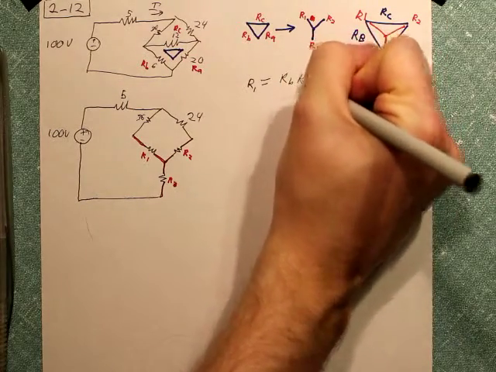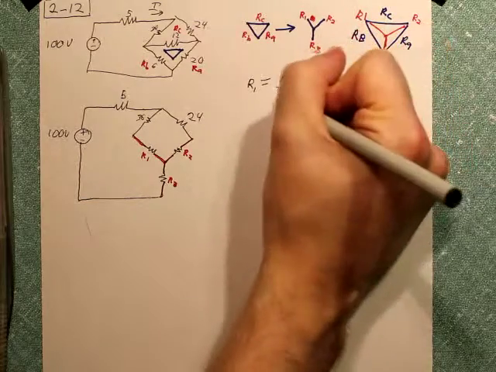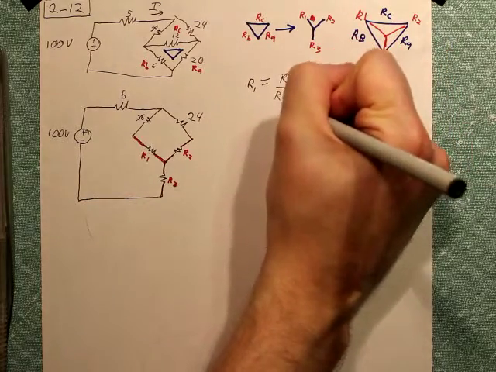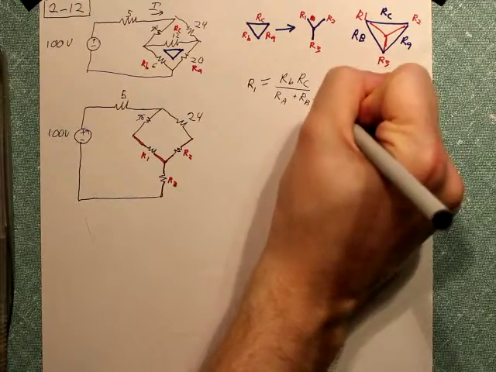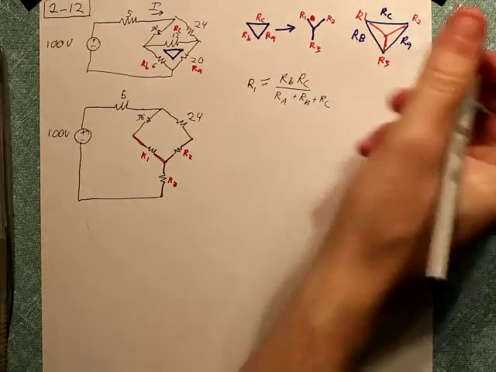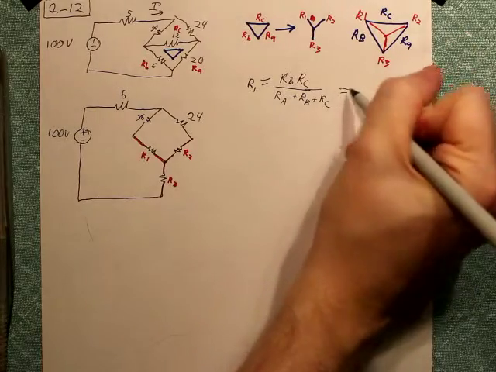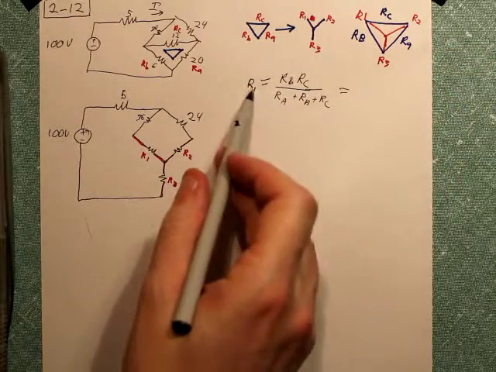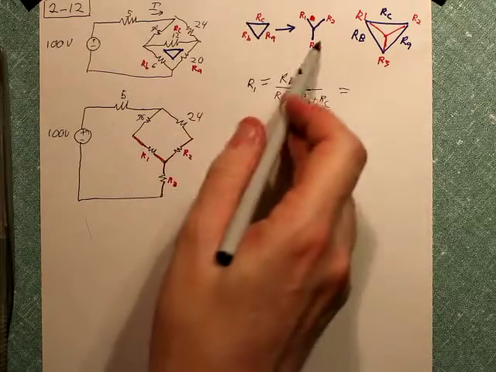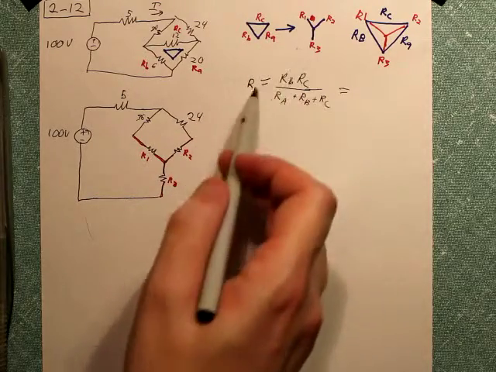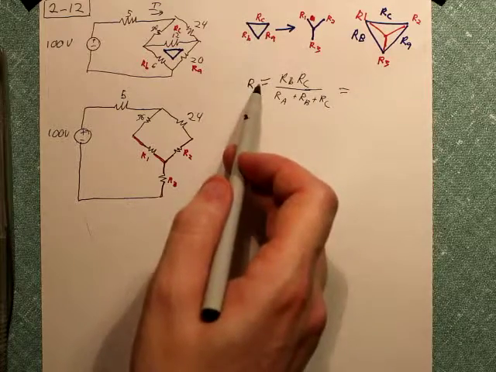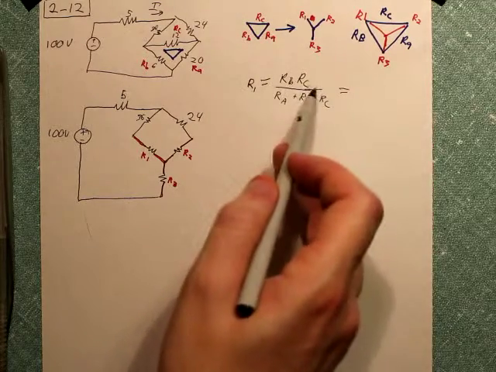RB times RC over the sum of RA plus RB plus RC. And we can make that a capital B, it doesn't matter in this case. Okay? So R1, remember, is the opposite of RA. RA and R1 are kind of linked. So if you're trying to find R1, you need the opposite two, so RB and RC.